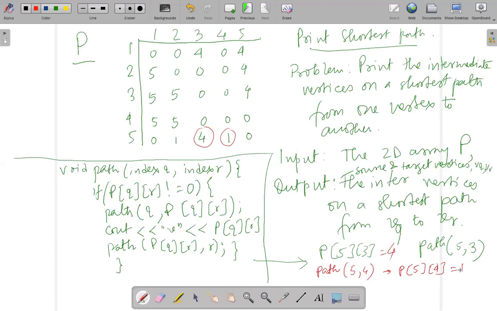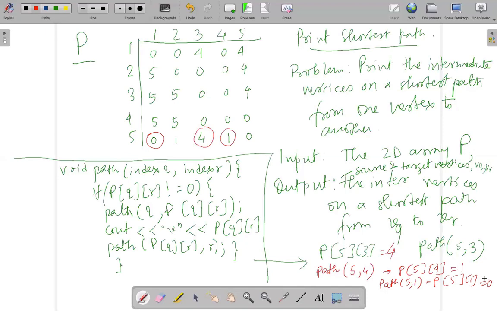Then I'll again call path 5 1. Now path 5 1 checks P51, and P51, as you see, is 0. Now we have to stop here and keep on popping up the recursion stack.